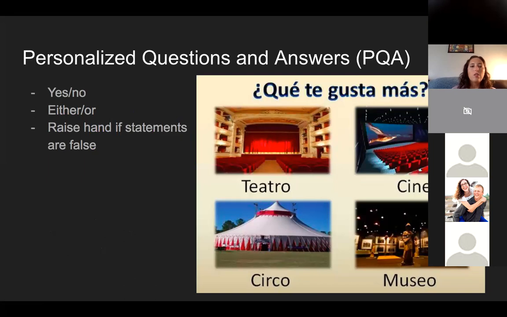This is what personalized questions and answers may look like. I like to use a lot of visuals with mine. So for example, a lot of yes or no questions that students can answer, but yet they're understanding and hearing more of the target language, but their production is kind of minimized for the time being.